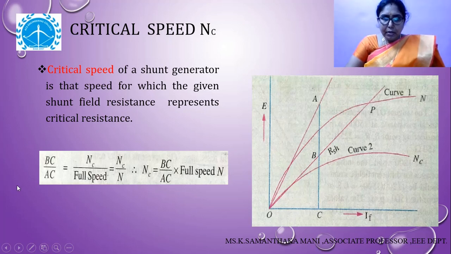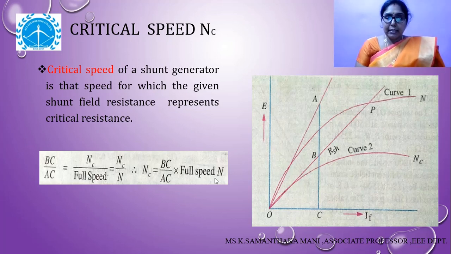So NC by full speed is equal to NC by N. With this we can also calculate the critical speed. Critical speed is equal to BC by AC into the full speed, represented by N, which is curve 1. In this way, we can define what the critical resistance and the critical speed are, and their importance, with the help of these diagrams.